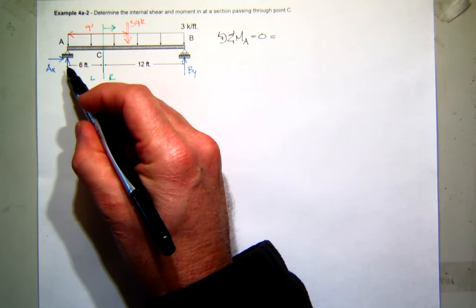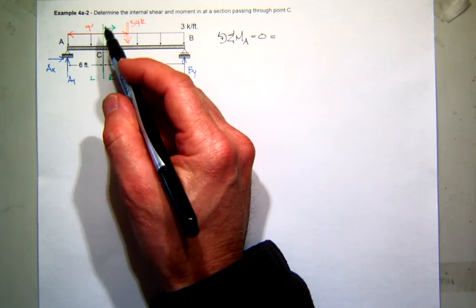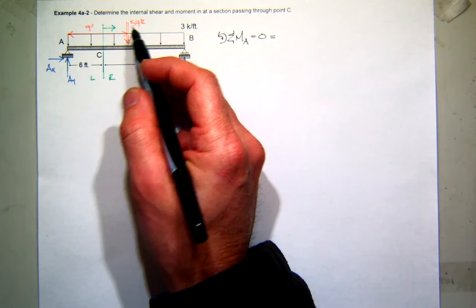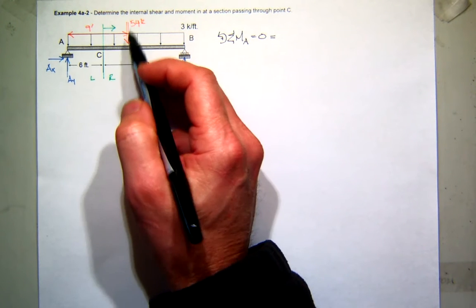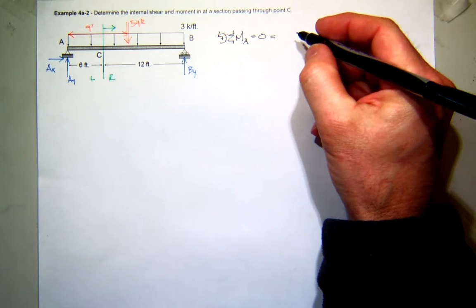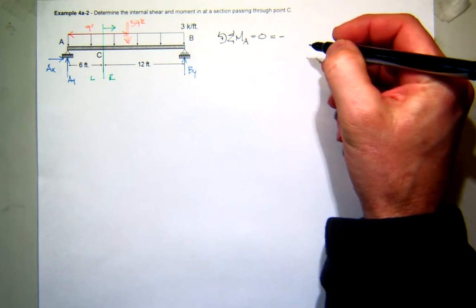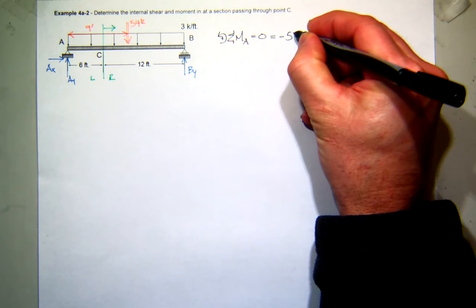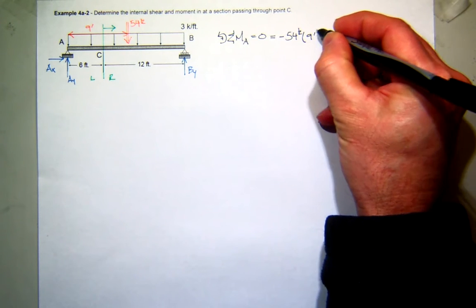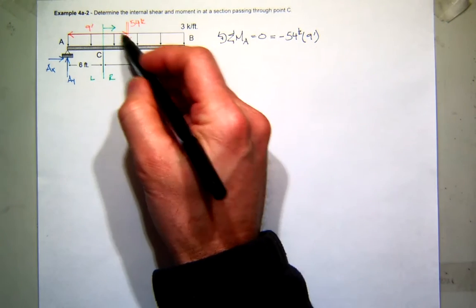So summing moments about A, I have the concentrated equivalent force of my distributed load. It has a force of 54 and a moment arm of 9. Is that going to create positive or negative moment? Negative. So I'll have minus for the moment, and the force is 54 kips, and the length is 9 feet. So there's the moment of the force about A.